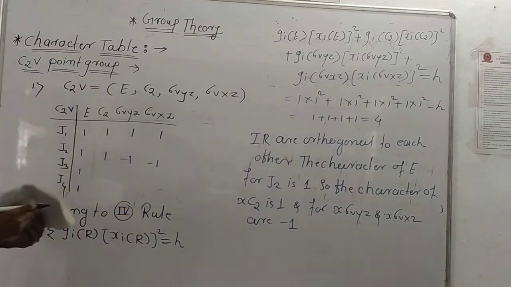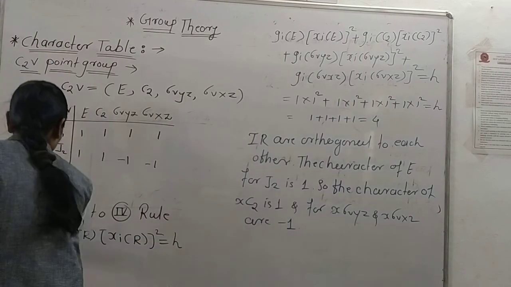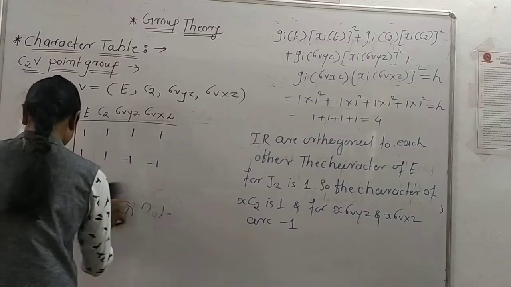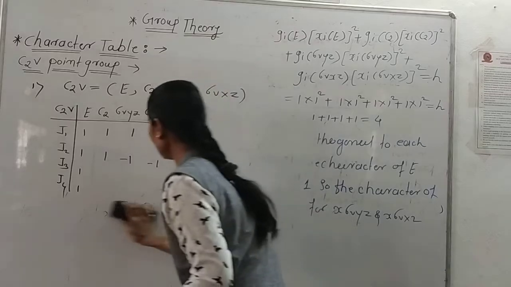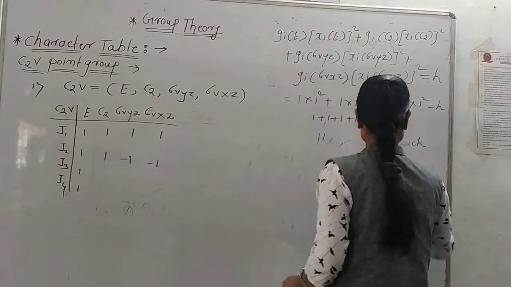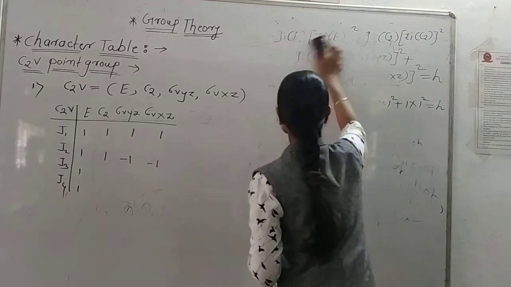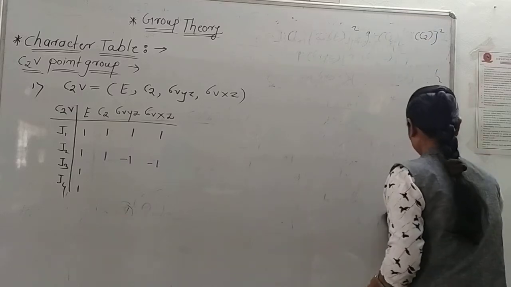Okay, now next, the sum of squares of these irreducible representations gives the characters of J3 and J4.